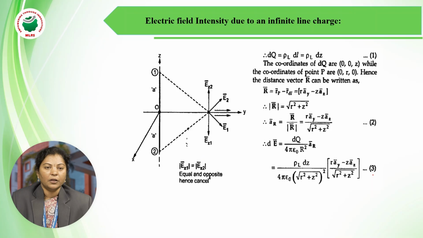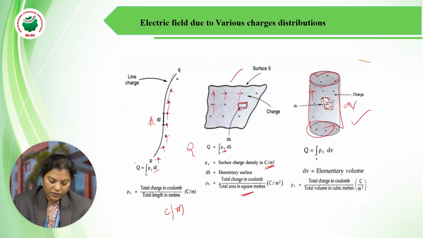Next, we need to calculate the total electric field intensity along the infinite line. For that I am first considering the differential charge dq. As we already explained for different line charge densities, q equal to integral rho L dl.